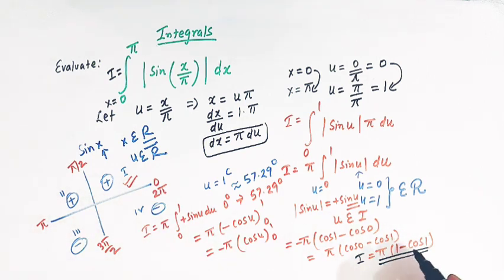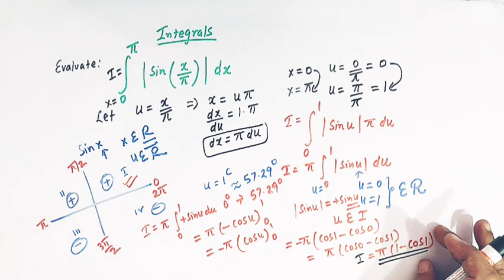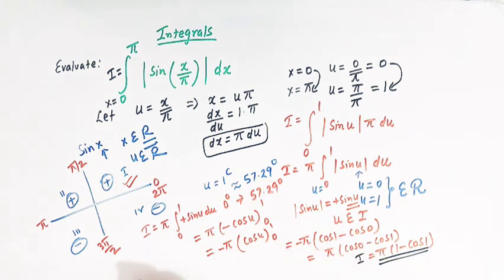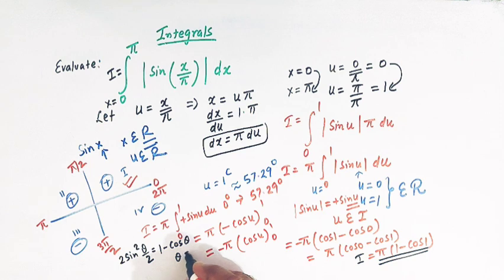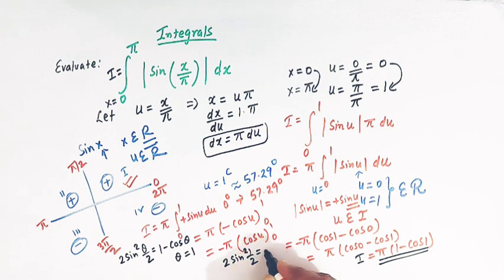We can also express this value in another form by utilizing a trigonometric identity, that is 2 sine square theta over 2 is given by 1 minus cos of theta, right? So now replacing this theta by 1 radian, we can write 2 sine square half is equal to 1 minus cos of 1, right?